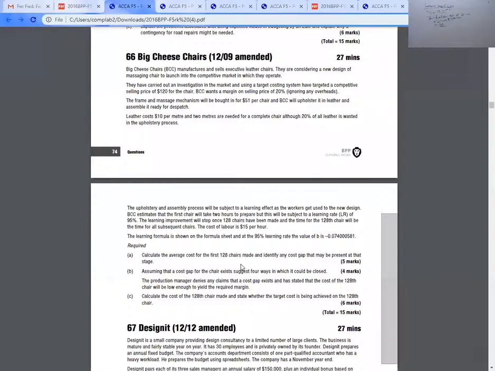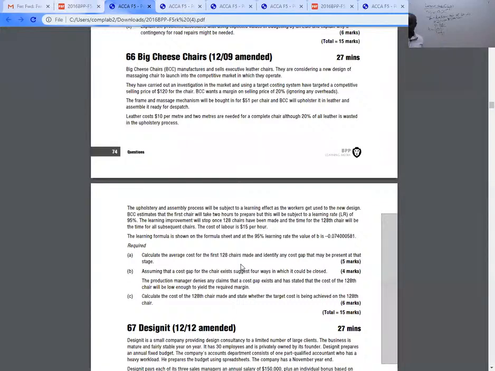Brilliant. From there, I know the next thing is about b. b is what we call the learning index. To get the learning index, we normally take log r divided by log 2, the log of the learning rate divided by log 2. r is the learning rate.